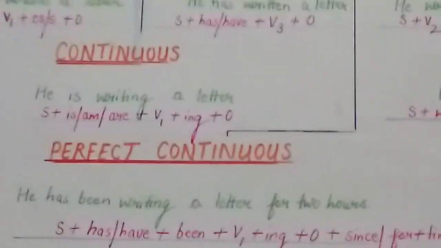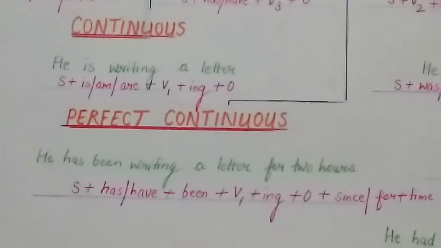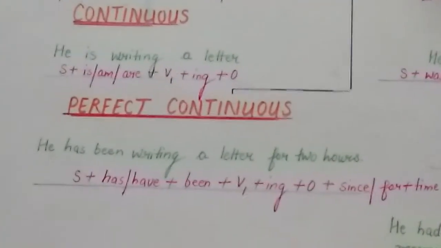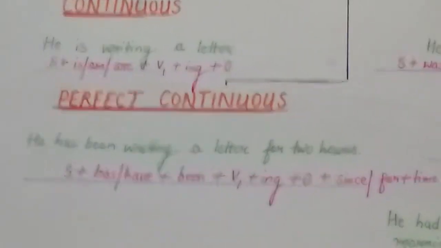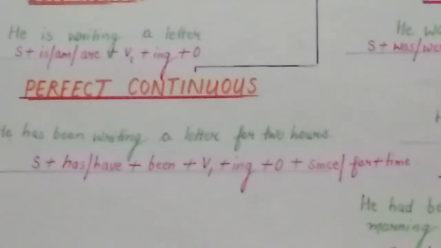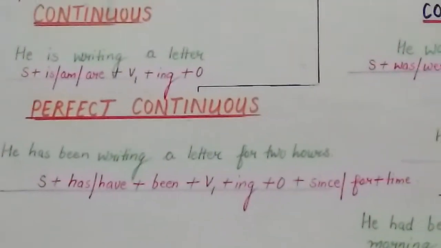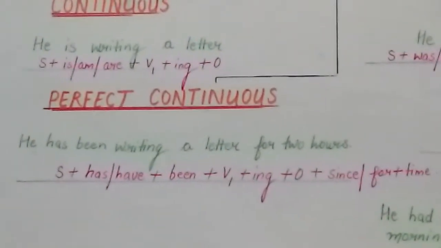The final part of present tense is known as present perfect continuous tense. It talks of exact timing in which the action has been done. For example, he has been writing a letter for 2 hours.